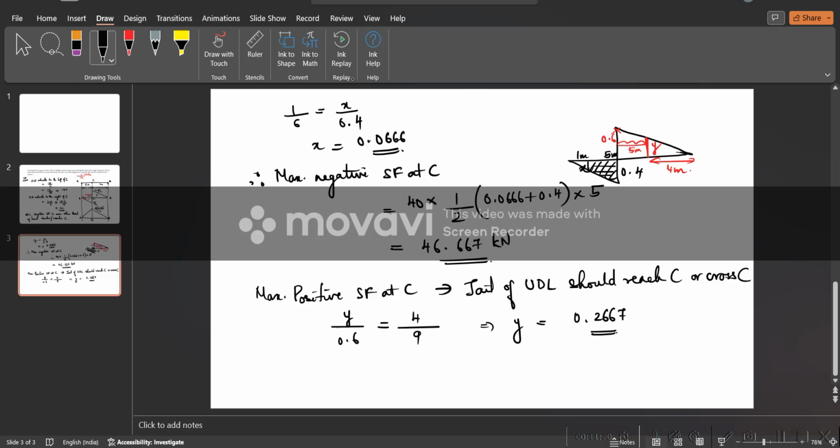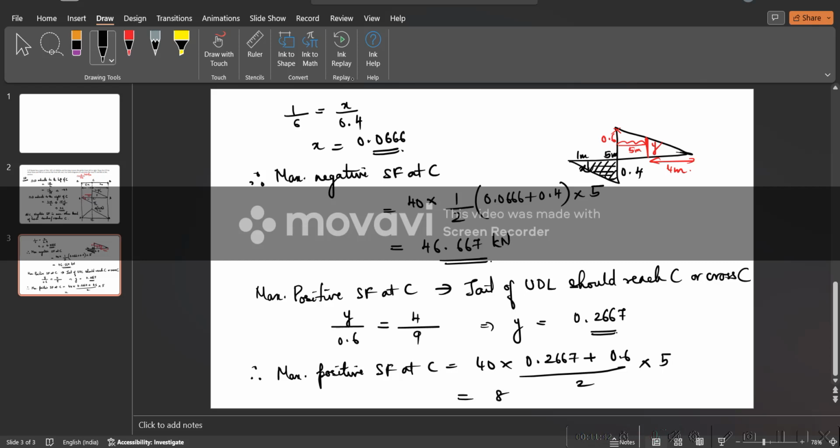Therefore, maximum positive shear force at C is equal to 40 into 0.2667 plus 0.6 divided by 2, into the height of the load, which is 5, which gives me 86.667 kilonewton. Okay, I hope it's clear.